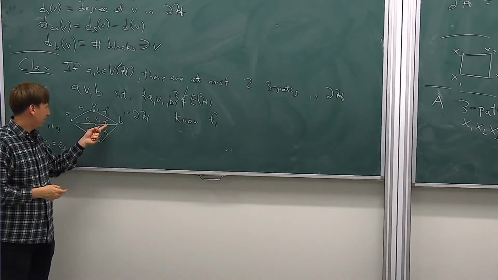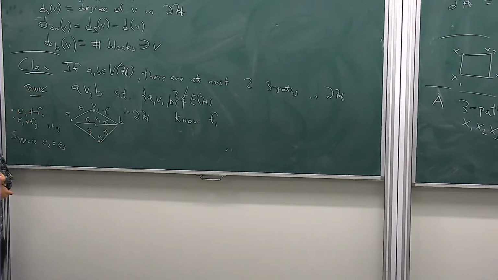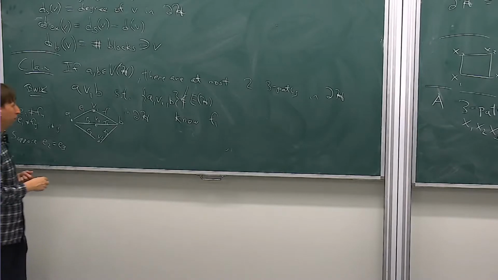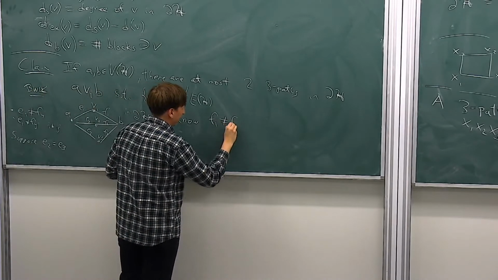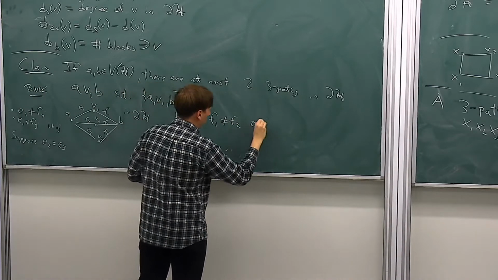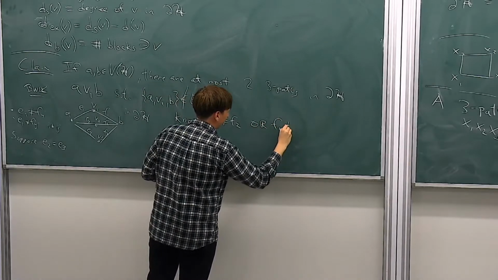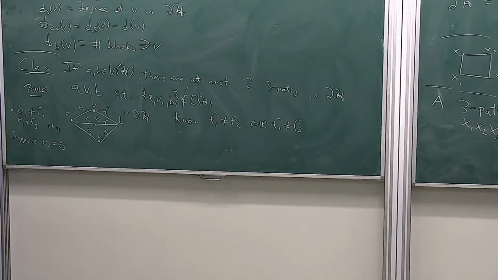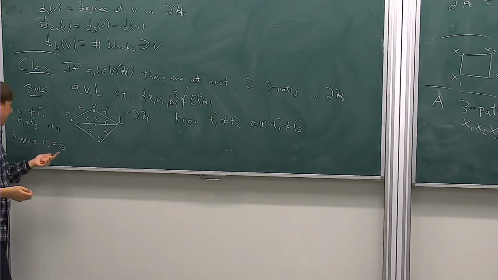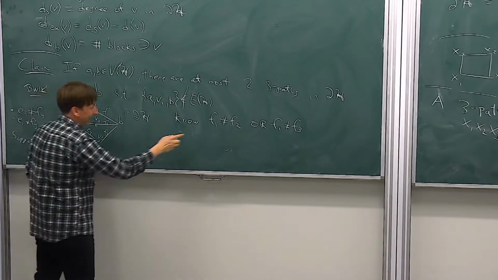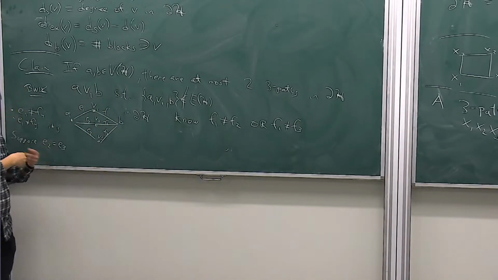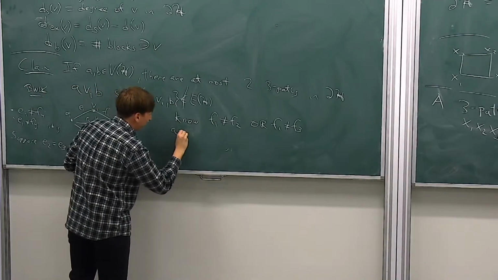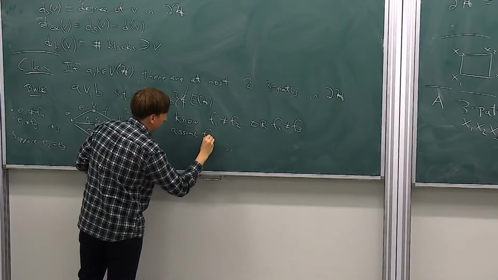So F1 is different from either F2 or F3, right? So we know that F1 does not equal F2, or F1 does not equal F3. One of these is true. Maybe they're both true, but at least one of these is true. So we can again assume, without loss of generality, that F1 does not equal F2. It's a completely symmetric thing in the other case.